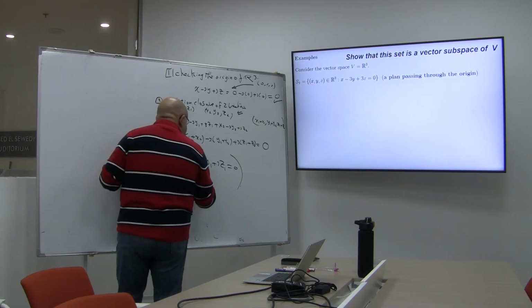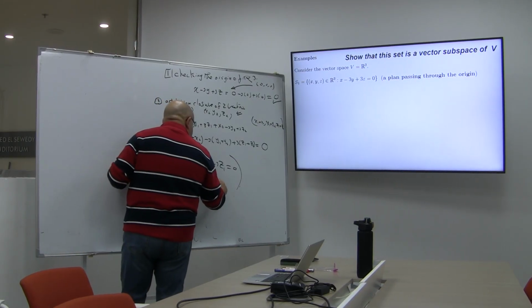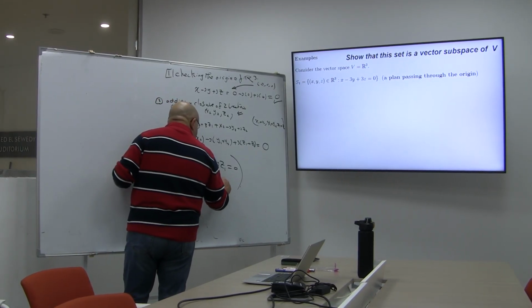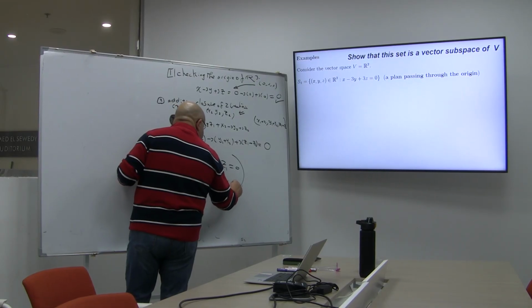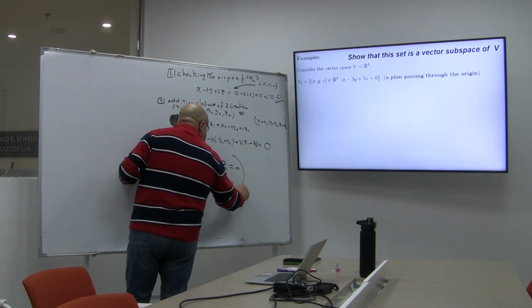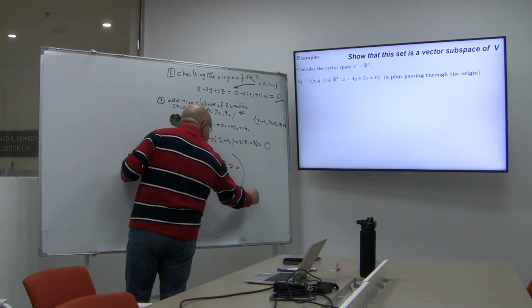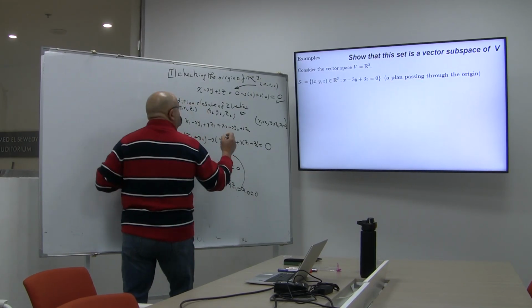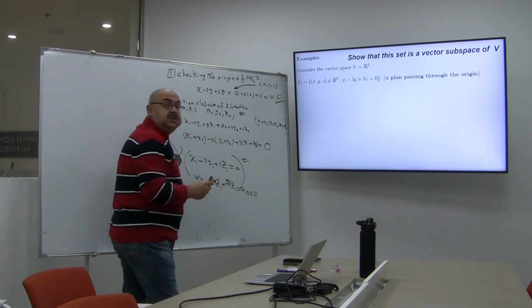So it's going to be alpha of x1 minus 3 alpha of y1 plus 3 alpha of z1, and so on, alpha times 0, which is equal to 0. So the third condition also is satisfied.